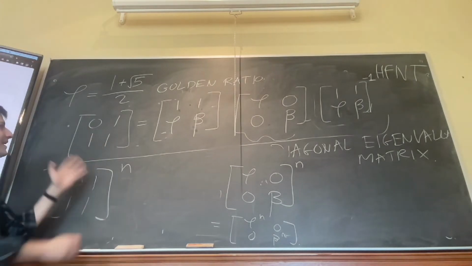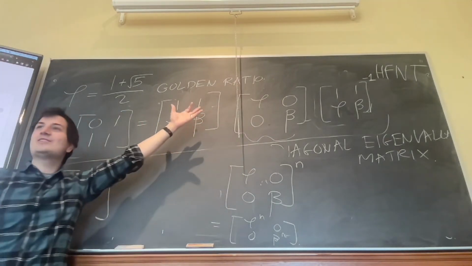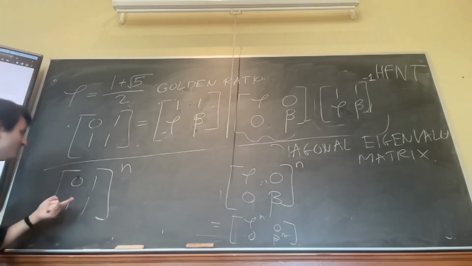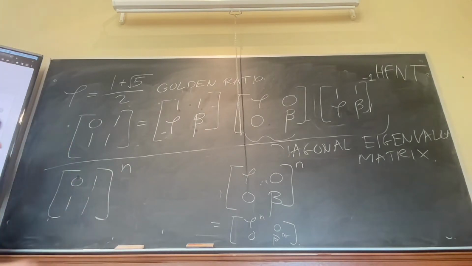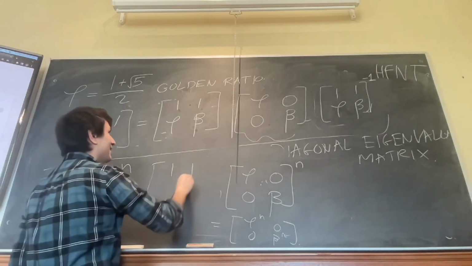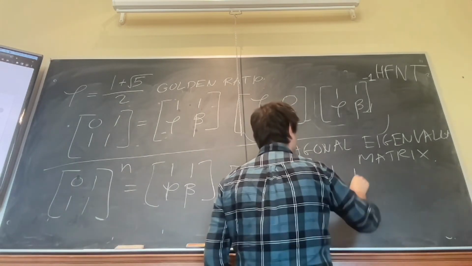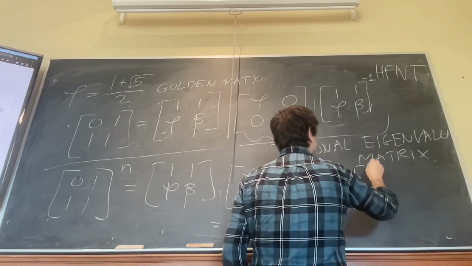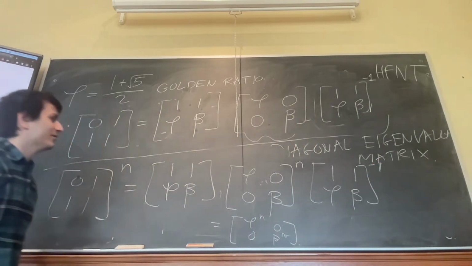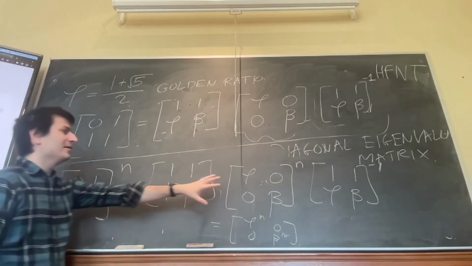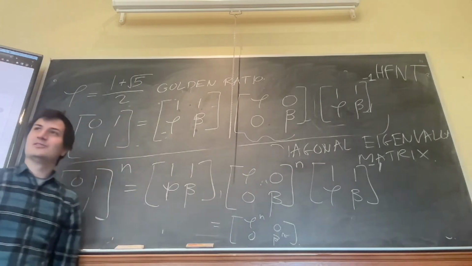But I just said that this matrix is the same as that matrix as long as you work in the other basis. So if you want to know the nth power of this matrix, it's the same exact thing. This is literally true. The nth power of this matrix is the same, if working in this basis, as the nth power of this thing.